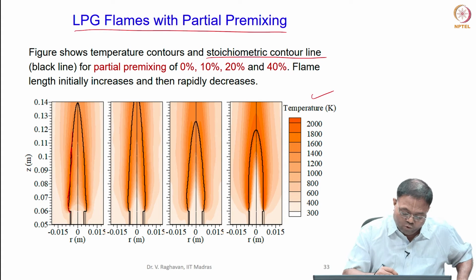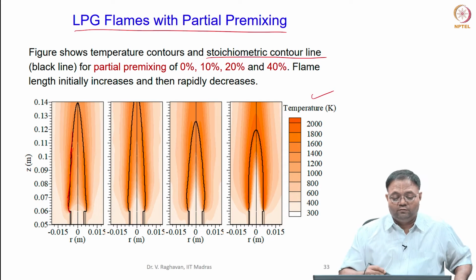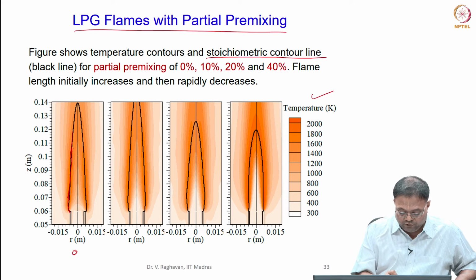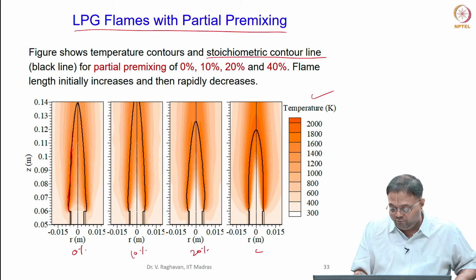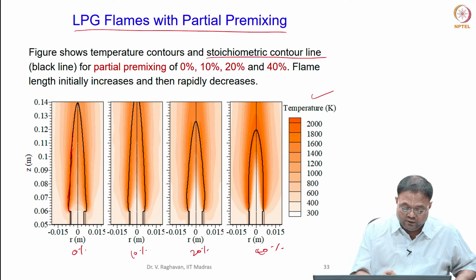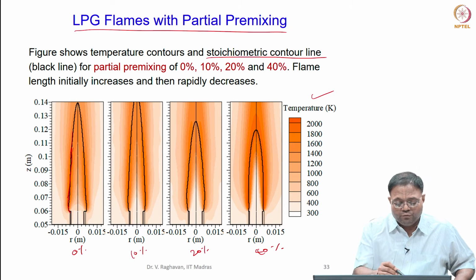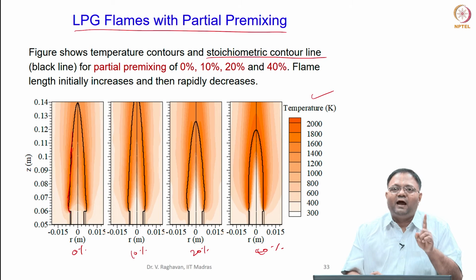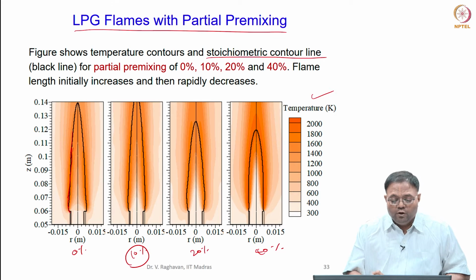When they mix in stoichiometric proportions, what will be the locations where they mix like that? That locus is joined here and this contour line is obtained. This is for example 0% primary air, this is 10% primary air, 20% primary air and 40% primary air. At 0% you have a normal diffusion flame, but when you initially add 10% of primary air, you get a greater length.